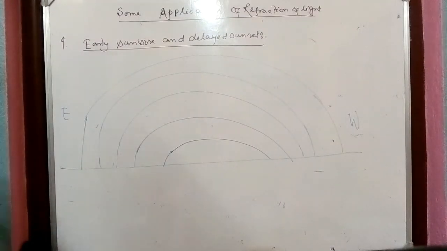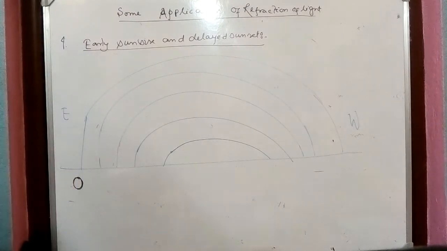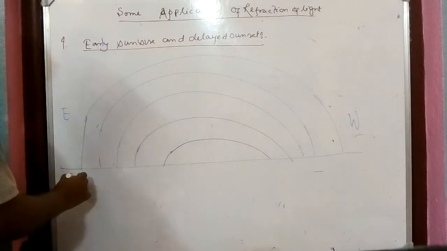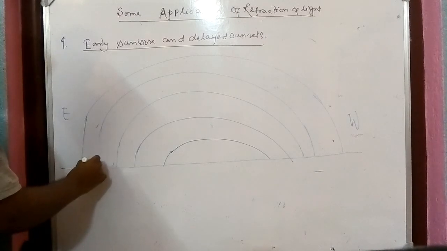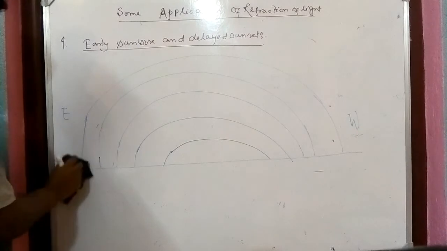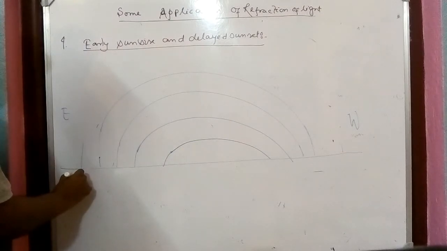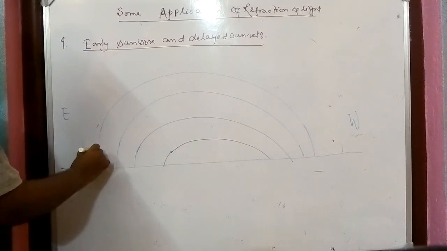Assume the sun is below the horizon at the time of rise, at dawn. Then what will happen? The light ray that comes from the sun comes by this way. Here I have given an extra layer, so let's remove it, otherwise it is difficult for me to draw.